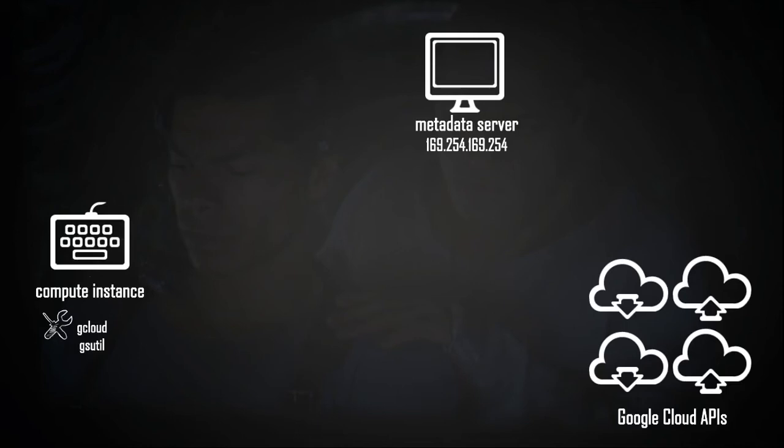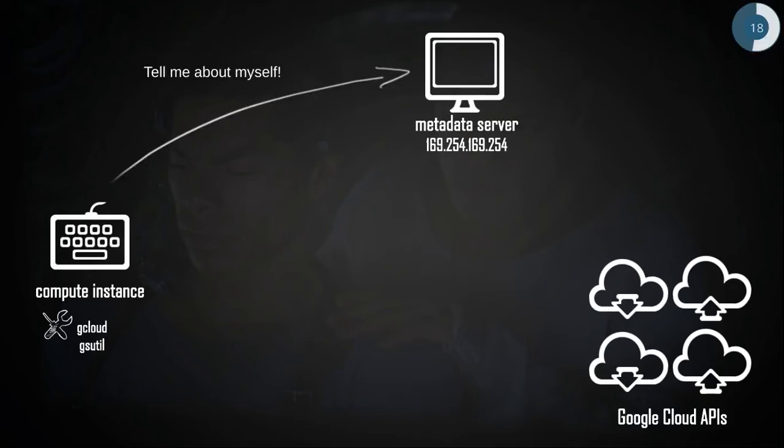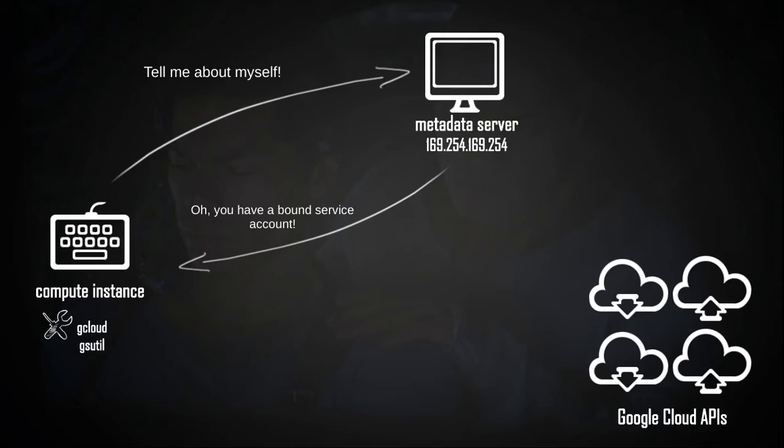Now, let's just see a quick example of how this works. So let's say that I'm running the gcloud command attempting to speak to these Google Cloud APIs. The gcloud command is actually going to reach out to the metadata server behind the scenes, and it's basically going to go, tell me about myself. The metadata server is going to reply back, and in this case, we have a bound service account.